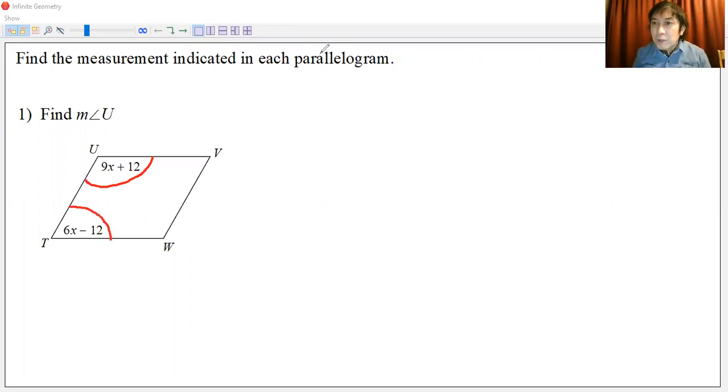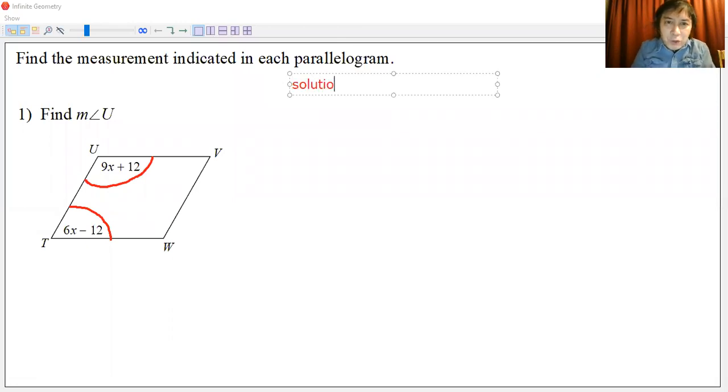Now, these two are consecutive, okay? Now, it's a characteristic of parallelograms that two consecutive angles are supplementary, meaning the sum is 180. So we can set up the equation. Let us solve for the x first, okay?